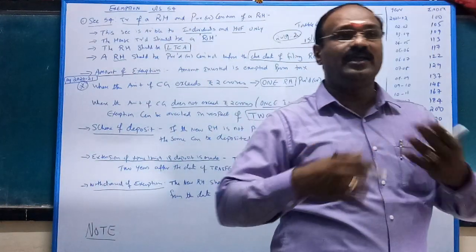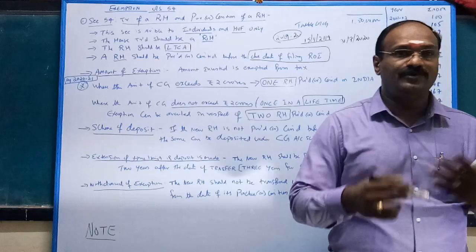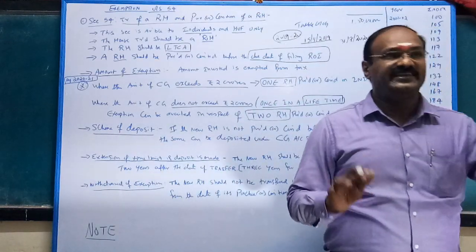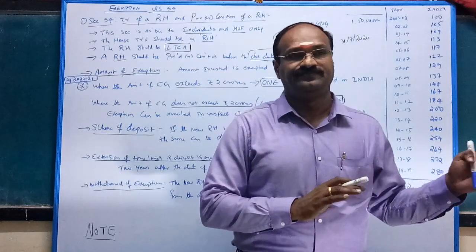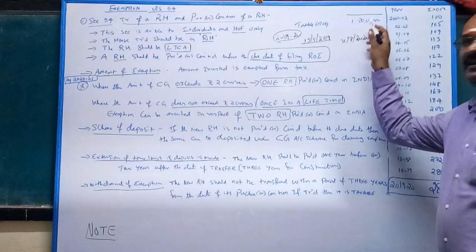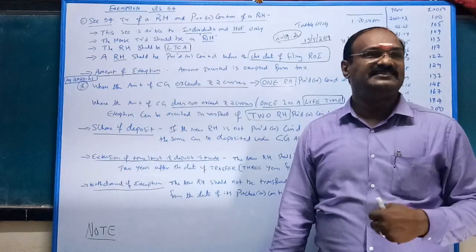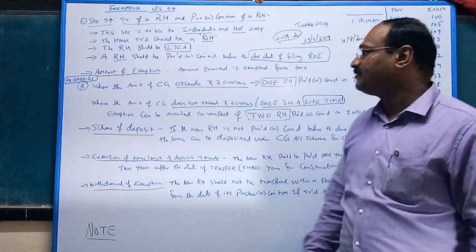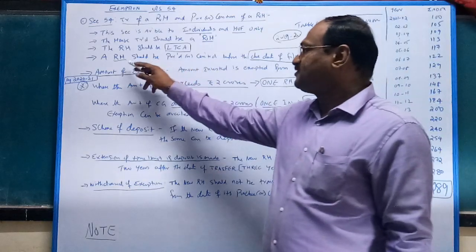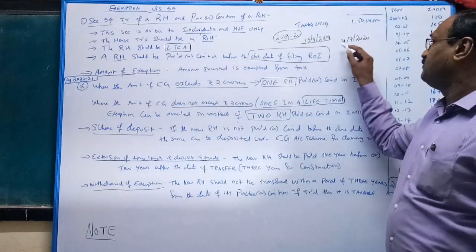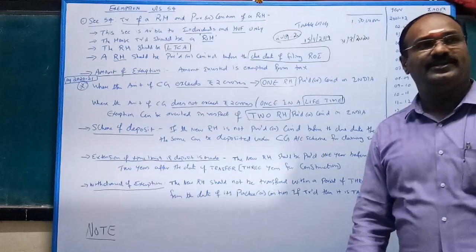Suppose you are unable to purchase or construct before the due date, then don't worry. There is a capital gain scheme account. You have to deposit the entire amount in the capital gain scheme account in order to avail exemption. We will talk about it later. For the time being, the residential house should be purchased or constructed before the due date of filing return, that is 31st July 2020.